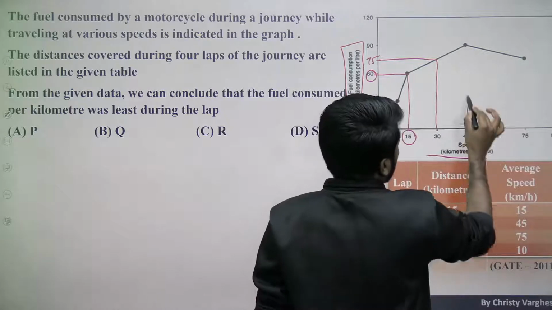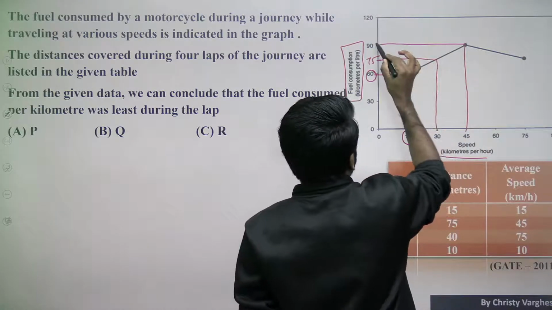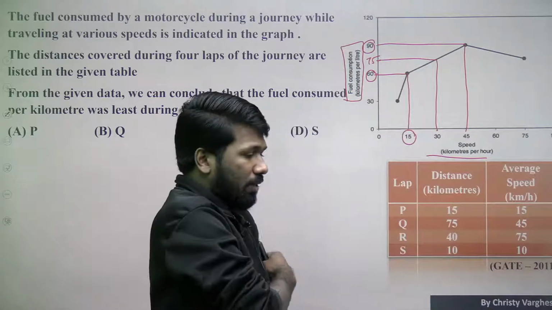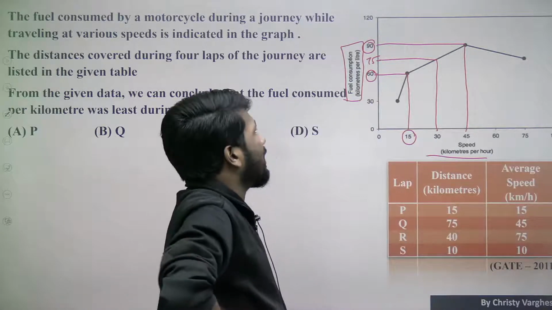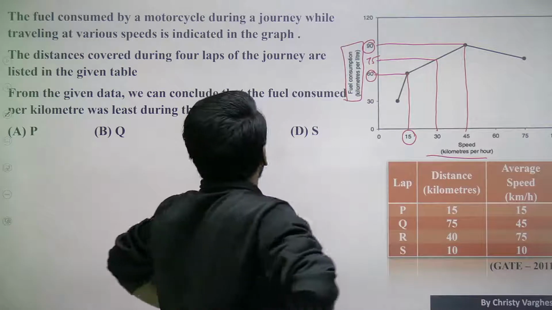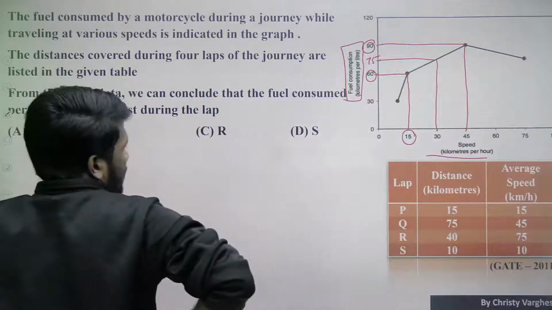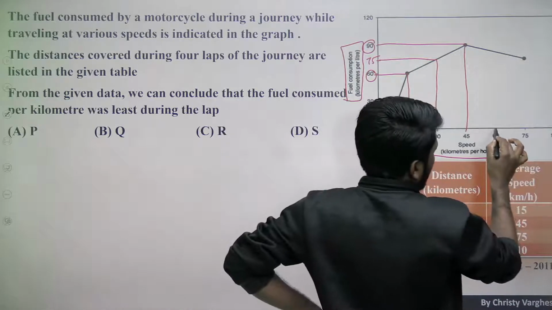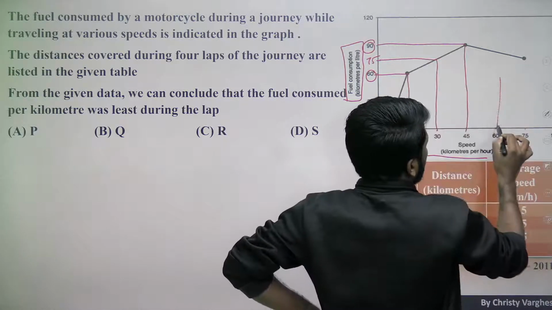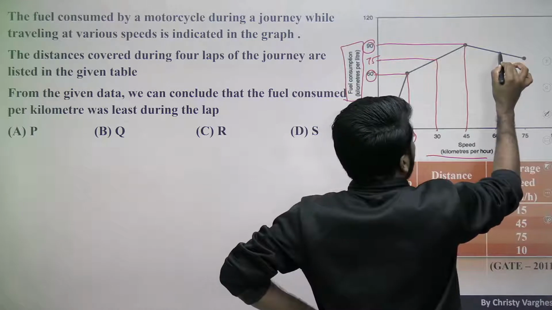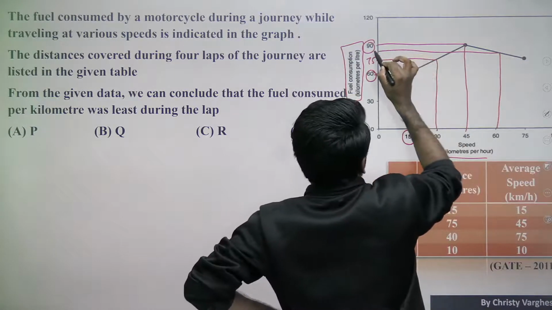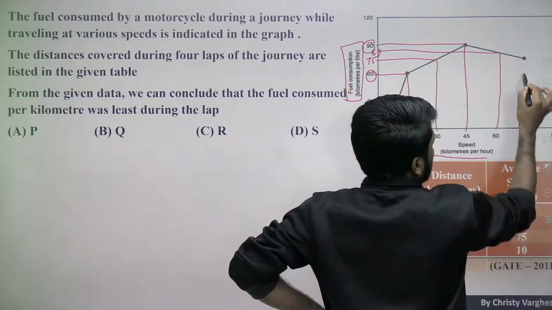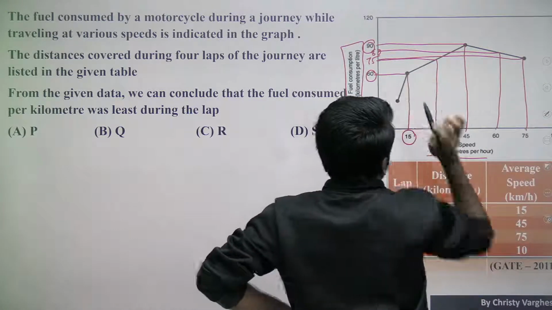At 45 kilometer per hour, the mileage increases even more, 90 kilometer per liter. With 1 liter of petrol you can travel 90 kilometer on that particular motorcycle. But if you increase speed further, at 60 kilometer per hour the mileage is reducing, only 80 maybe, 80-85. And if it is increased more, at 75, it is again reduced, 75 only.